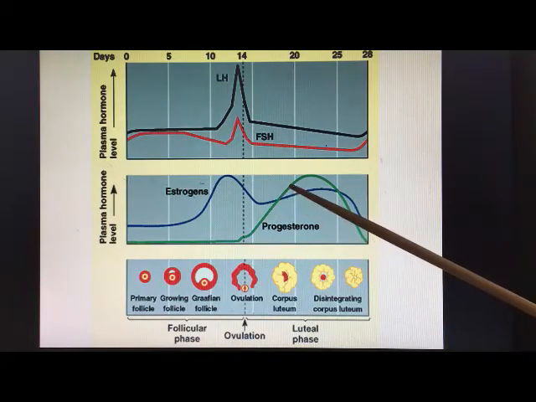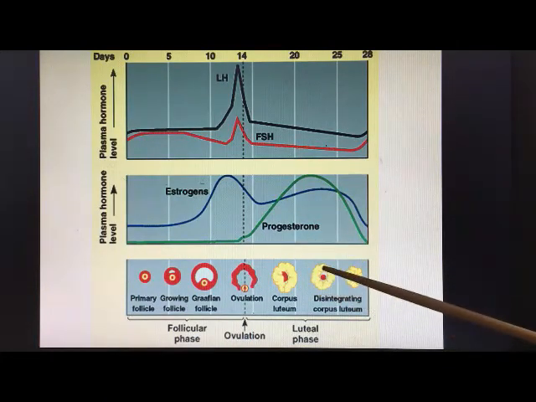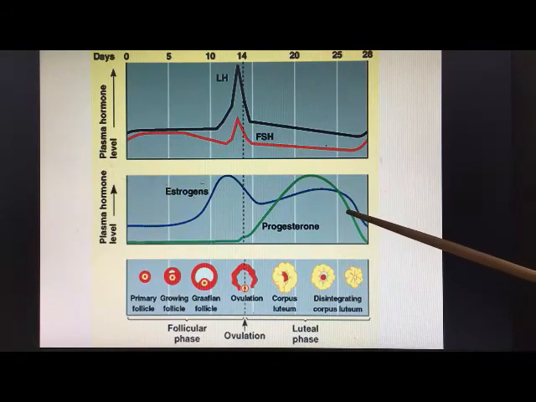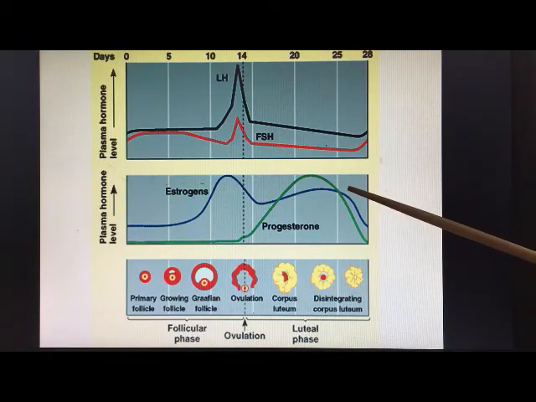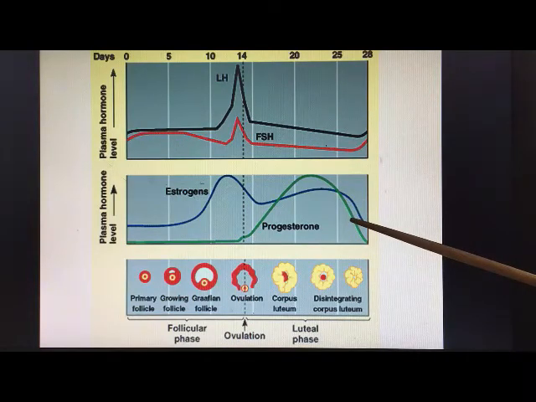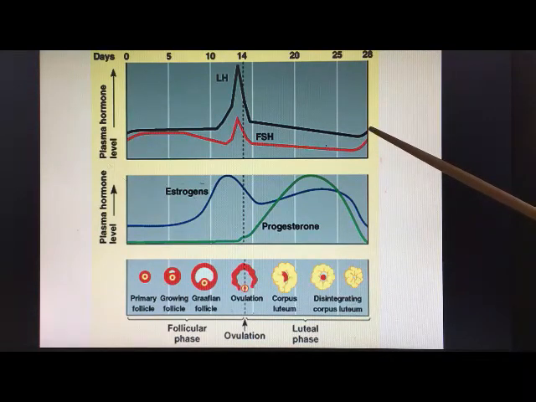But if fertilization does not occur, around day 23 to day 25 the corpus luteum will degenerate, which causes the level of progesterone and estrogen to drop. So when the level of estrogen and progesterone drops, the negative feedback is removed, which causes the anterior pituitary gland to secrete more FSH and LH.